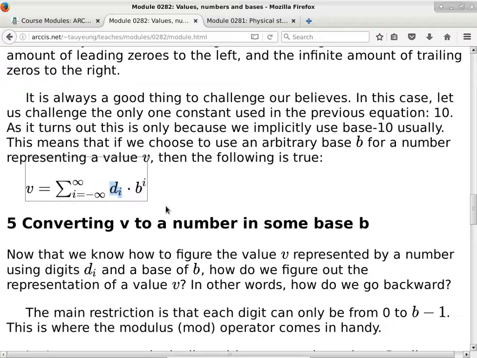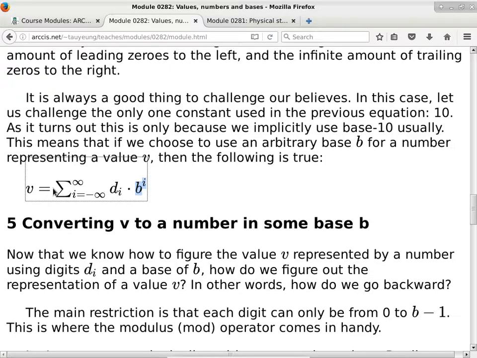I is an index going from negative infinity in theory to positive infinity in theory. We multiply the value of the digit at place I times b to the power of I, b being the base of the system that we use. Then you just take the summation, and that becomes the value represented by a number in base b.